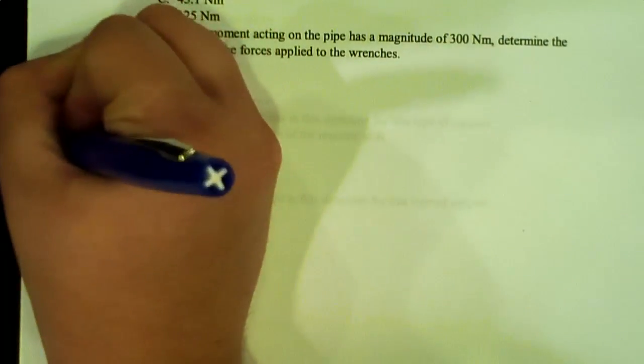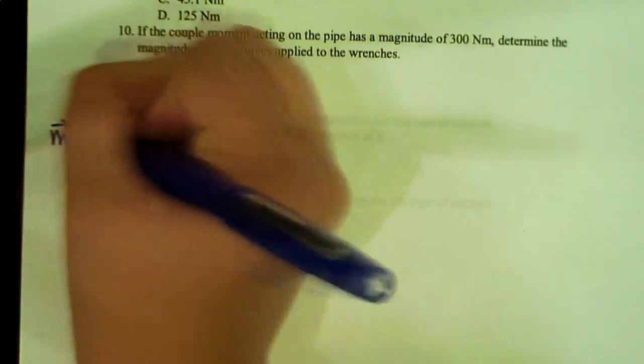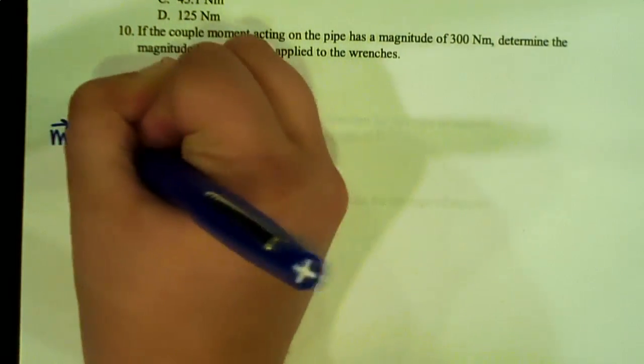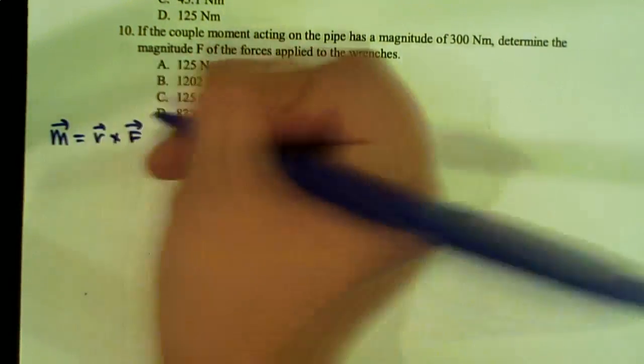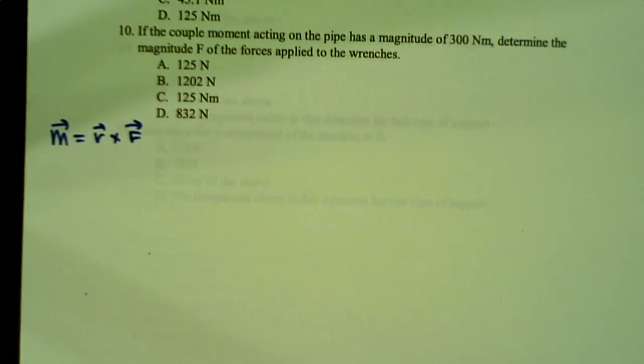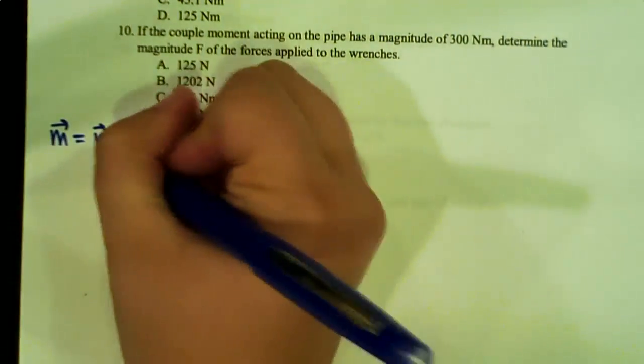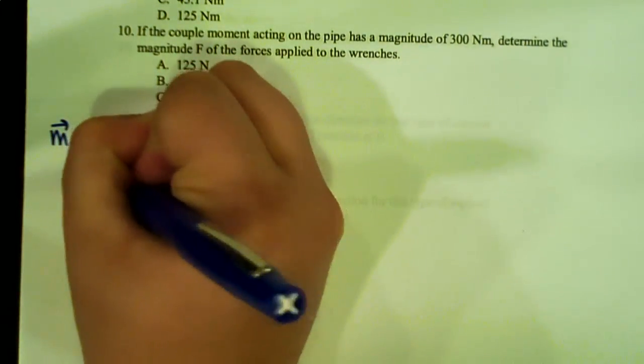So we were told earlier that our moment is equal to R cross F. In this case, I would recommend having R be the position vector AB.